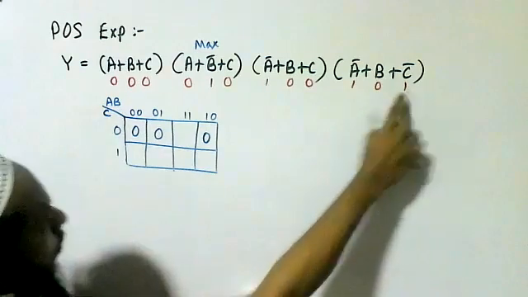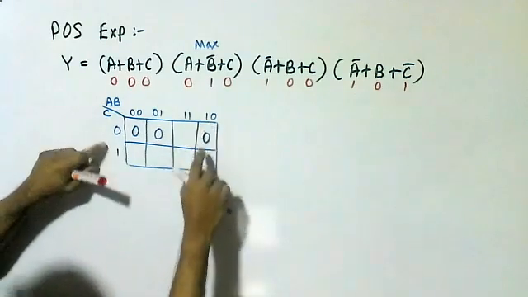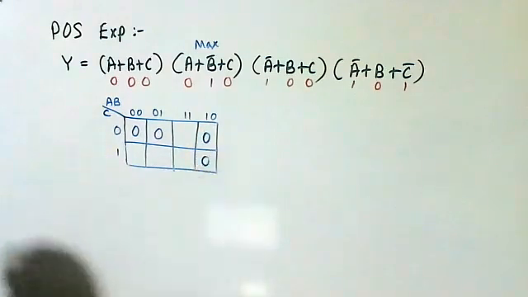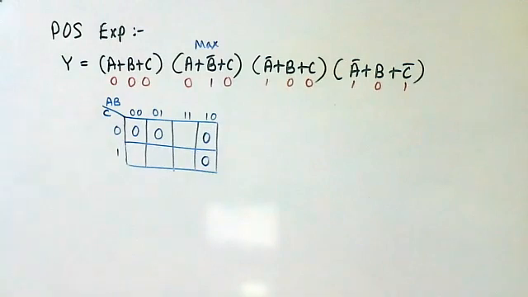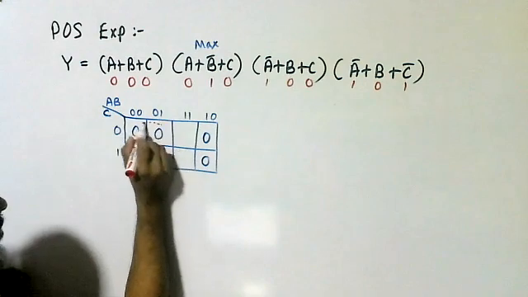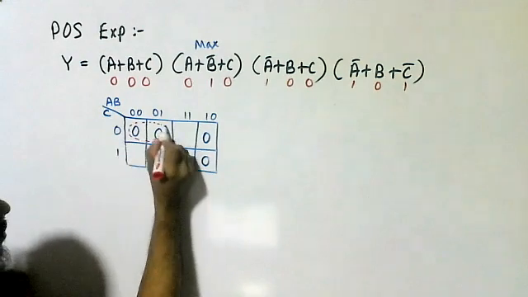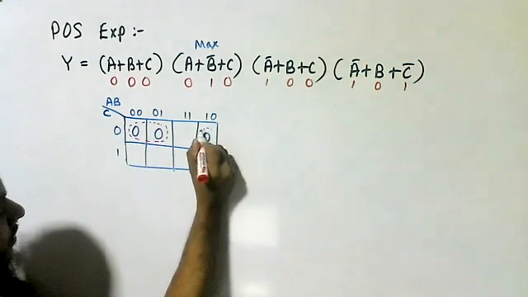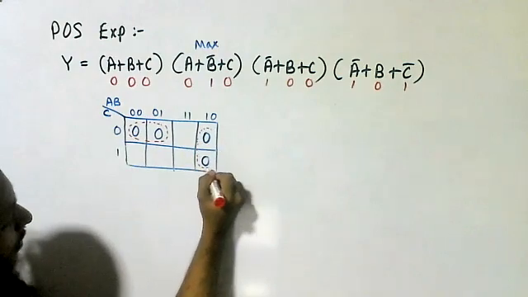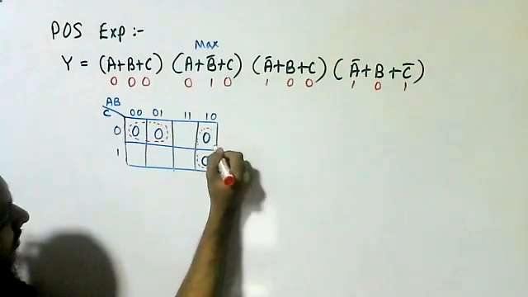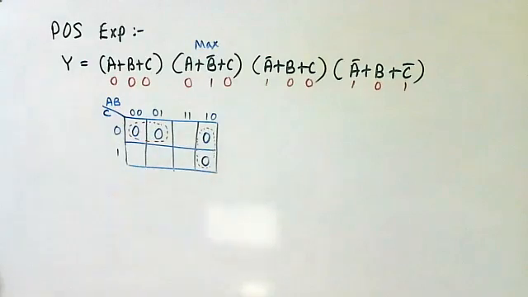Sorry, 1, 0, 1, so here 0. Okay, I marked all these zeros in this Karnaugh map. Now I am going to group these. Minimum number of groups, each group with the maximum number of ones. Here actually the maximum number of zeros should be there. Now I am going to simplify this.